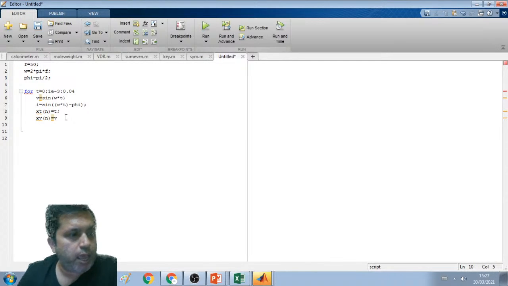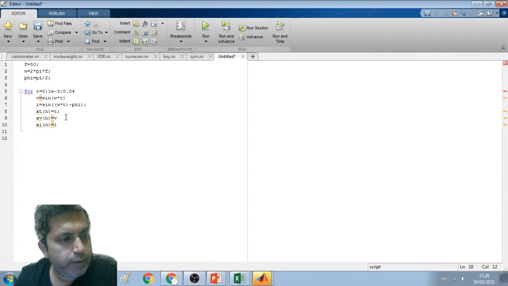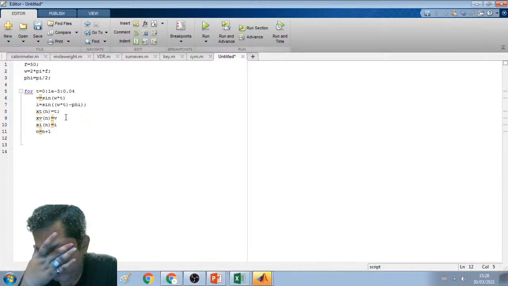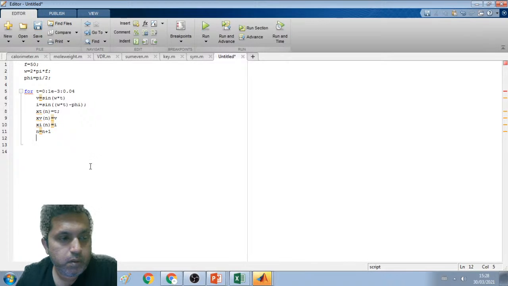Okay, xi nth value is equal to I. n equal to n plus 1, and end.